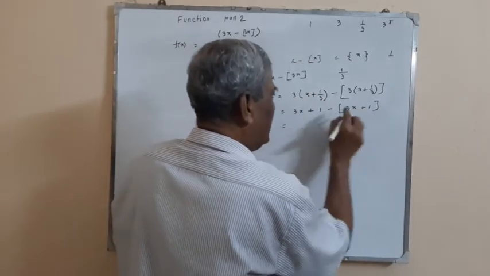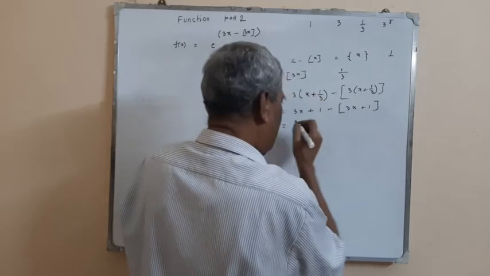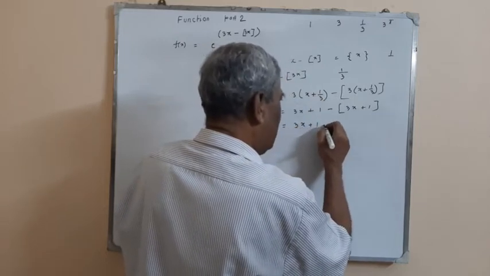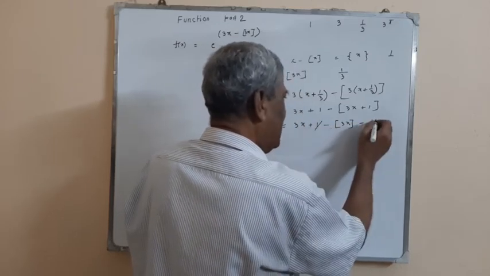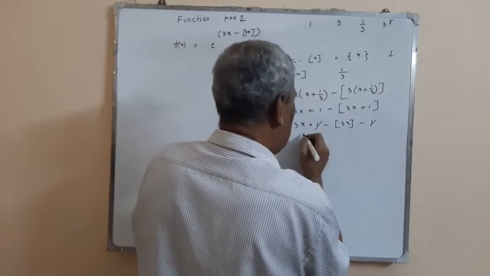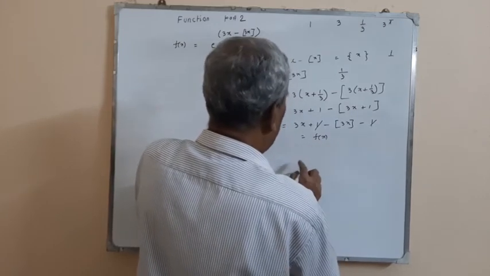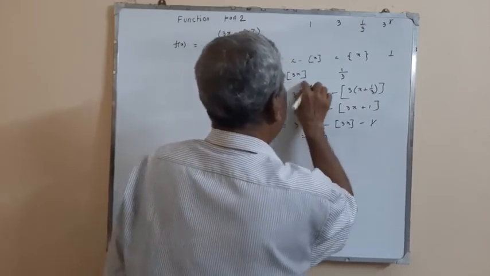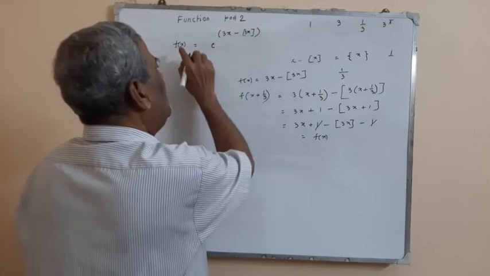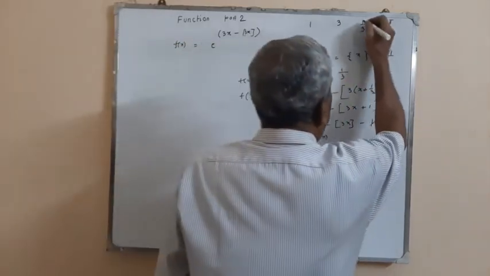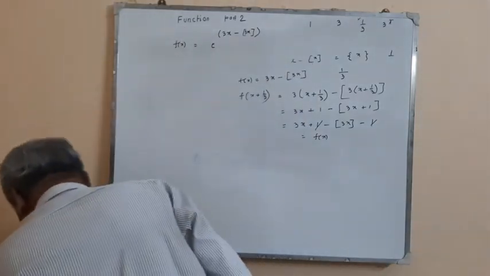But the integral part of that is equal to the integral part of 3x plus 1. So it is equal to 3x plus 1 minus the integral part of 3x minus 1. They cancel. Therefore, it is equal to f(x). f(x plus t) is equal to f(x). So t is the period of that function. So 1 by 3 is the period of that function and it is constant. So the period of this function is 1 by 3. This one is the correct option.